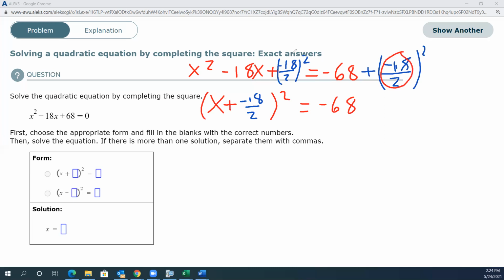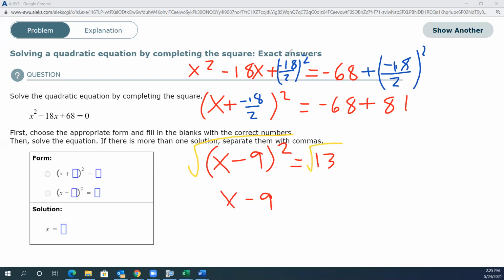Negative 18 over 2 is negative 9, and squared is 81. So if we tidy it up a little, we get 13. Okay. So now we need to take the square root of both sides.